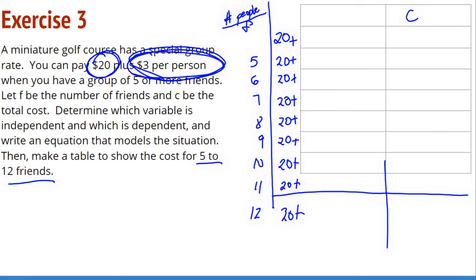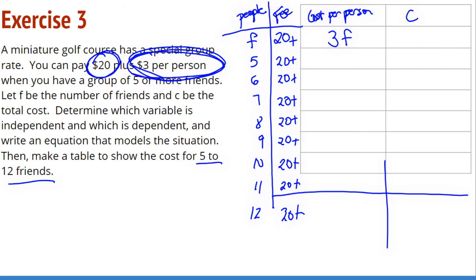So this column here is going to be 3 multiplied by the number of friends, because I've got the total number of people in the group that I am representing using the variable F. So this is the straight up flat fee here. So this is going to be the cost per person. If I've got 3 people, it's going to cost this much. If I've got 10 people, it's going to cost this much.